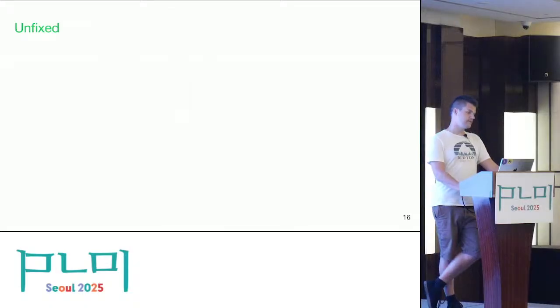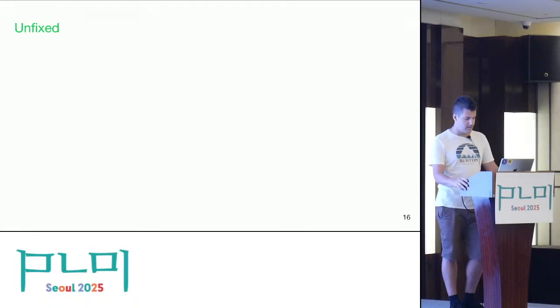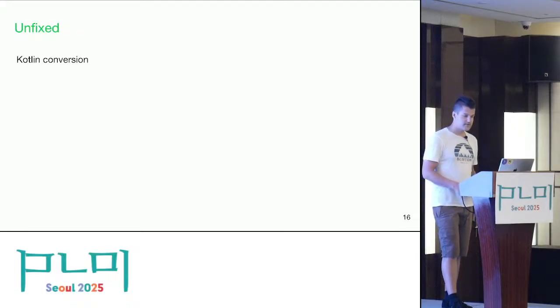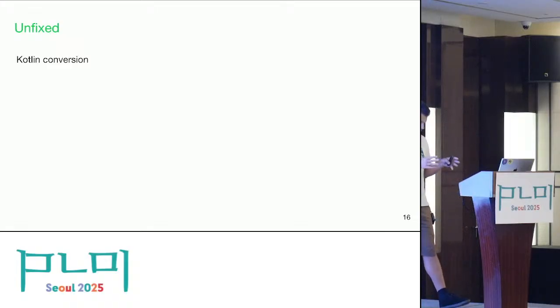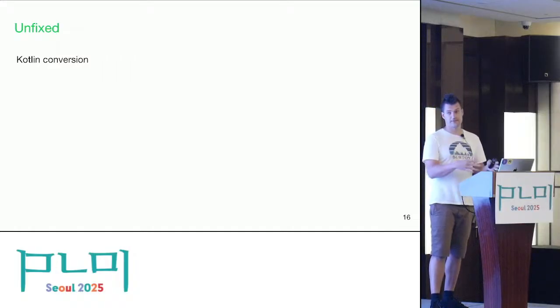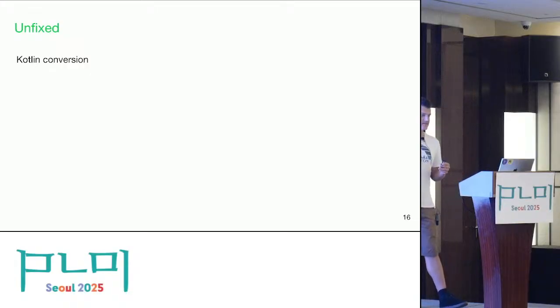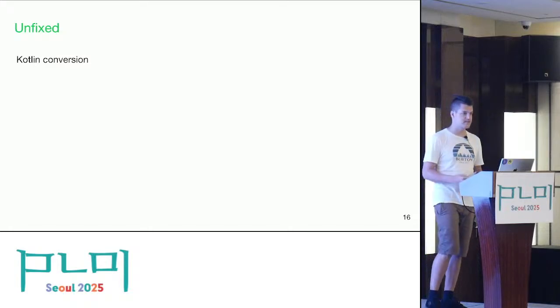We did look at some of the unfixed issues to see what's happening there, and we found quite a few interesting categories. One was related to Kotlin conversion. So when you convert a module from Java to Kotlin, then basically you move the pre-existing issues and Infer would report them as new.